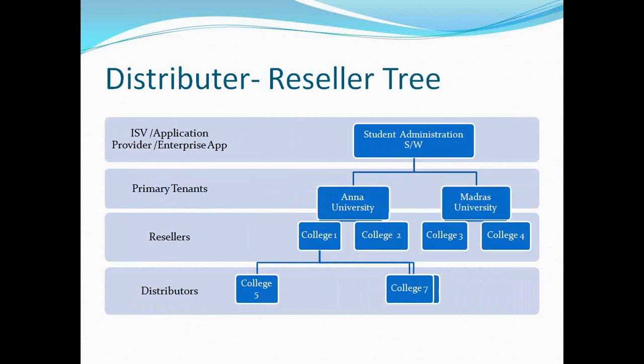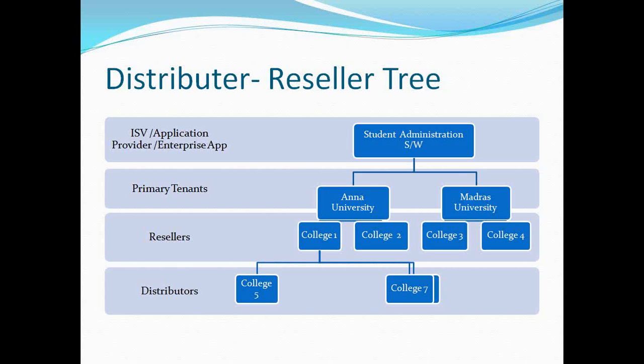Now this is another interesting one, where it represents a reseller kind of model. So typically what happens is you may have one ISV product admin in place, and then you may have resellers operating at any level within the tree. In this case, it could be the next level.